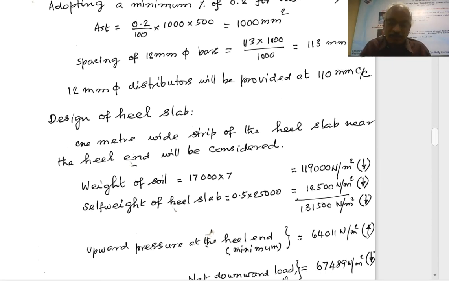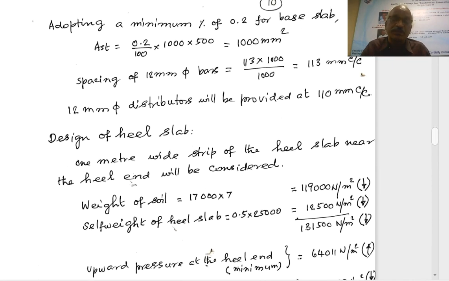This is minimum steel. We have not designed the minimum distribution steel. Minimum steel is 0.2% of the base slab. Here, base slab is 500 mm thick. For the base slab, you will have to assume 0.2%. 0.2 by 100 into 1000 into 500 is equal to 1000 mm square.